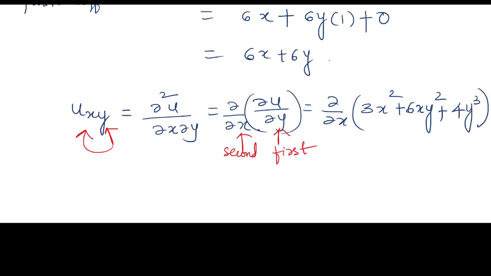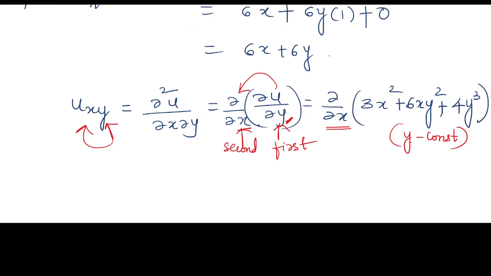Okay. Now here we are differentiating with respect to x, so we are keeping y as a constant. Initially we differentiate with respect to y, and the result we differentiate with respect to x. So the derivative of 3x² is 6x, plus the derivative of 6xy²: 6 is constant, y² is constant, so 6y², and the derivative of x with respect to x is 1.